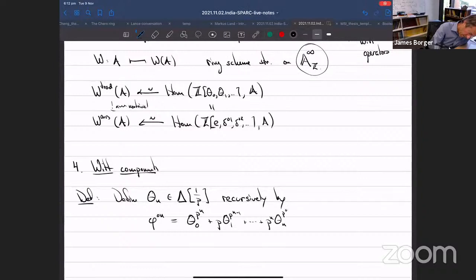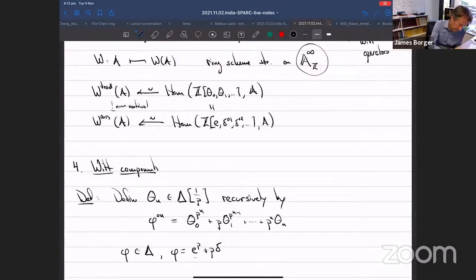I feel like I could put a p to the 0 here. P to the 0 is of course 1. So let me explain this formula. Phi is an element of delta? It's the Frobenius operation, and that is simply the pth power of the identity map plus p times delta.